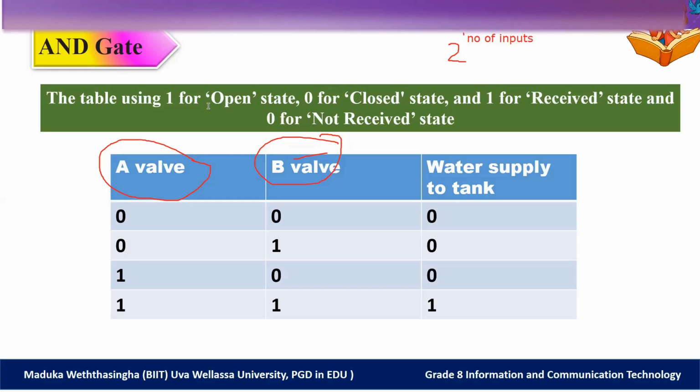Here you know there are 2 inputs. It means 2 to the power 2, which means 2 multiplied by 2. What's the value of 2 to the power 2? 4. Therefore, we have 4 instances: 1, 2, 3, 4. That's for your advanced knowledge.